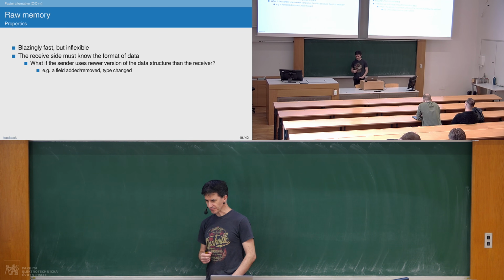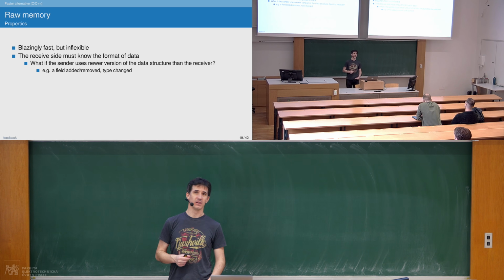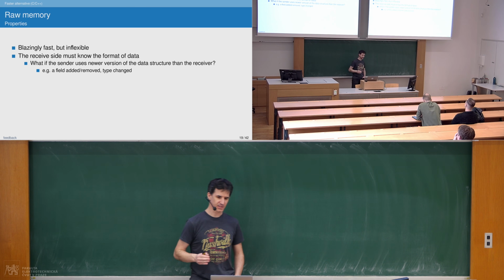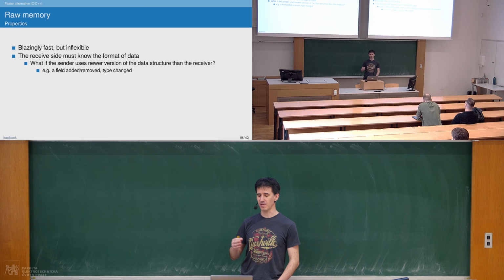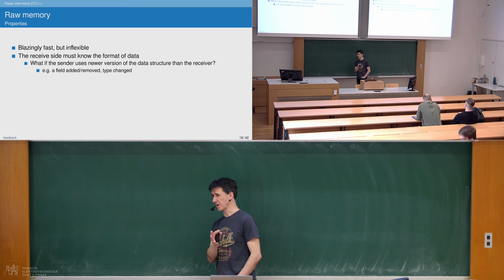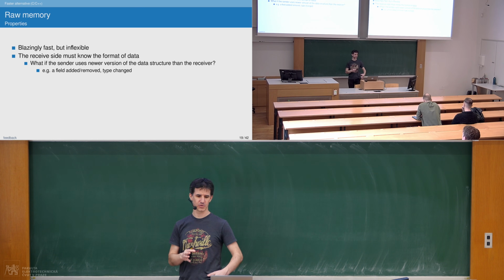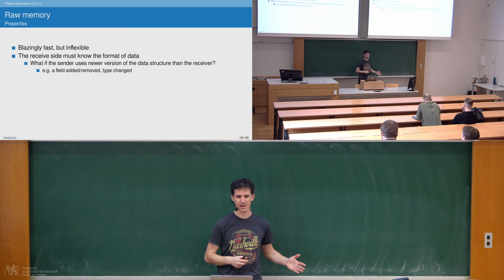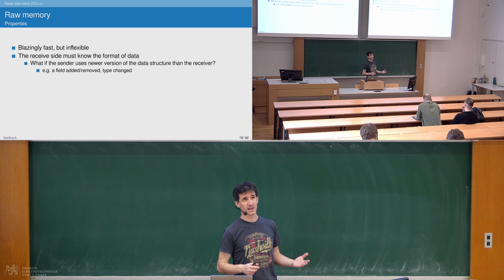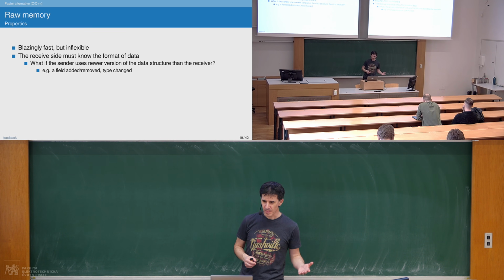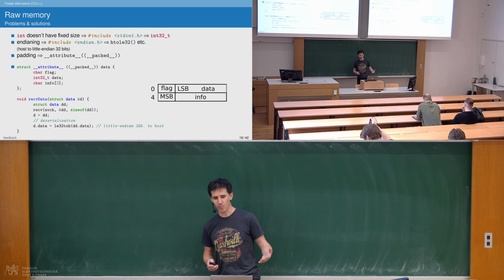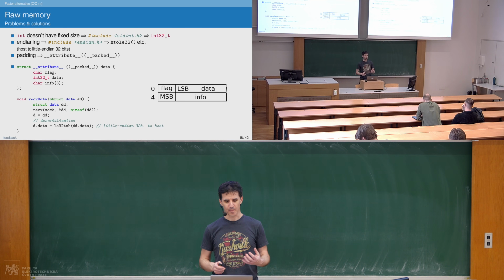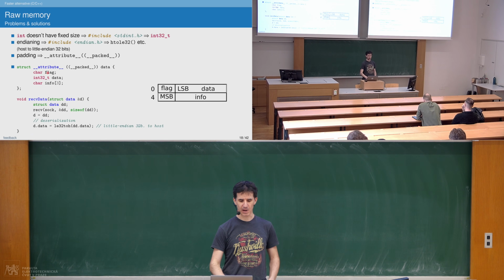So to conclude this, this would be very fast, but the problem of this approach is that it's inflexible. Still, it's kind of a lot of work, which in this case we have done manually. But on the other hand, it's very inflexible, because if you use this kind of communication, the receiving side must know the exact format of the data.